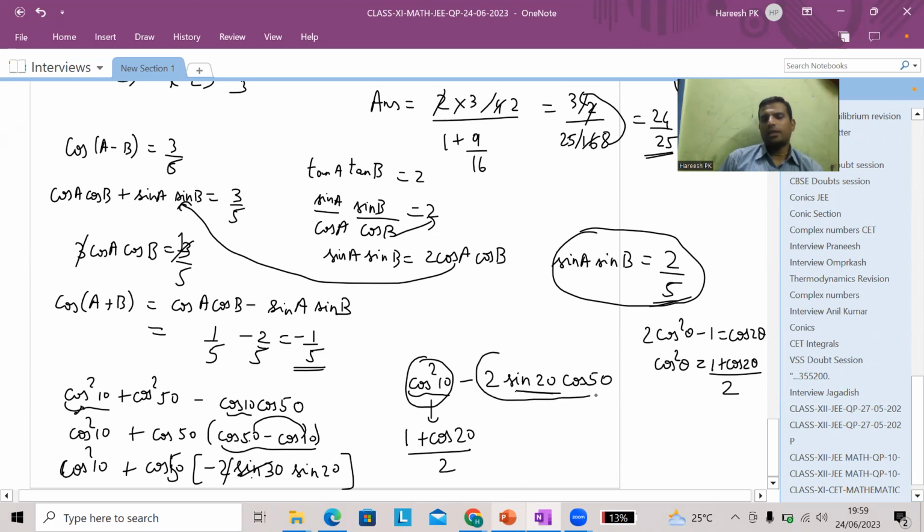And here I have 2 sin A cos B. I can always write this as, or 2 cos A sin B, which you can write as sine of A plus B minus sine of A minus B. So now it's quite simple.